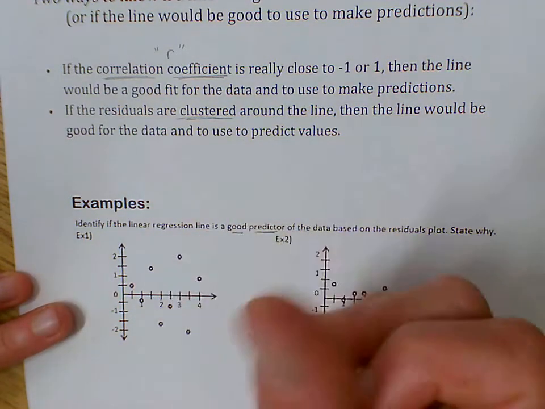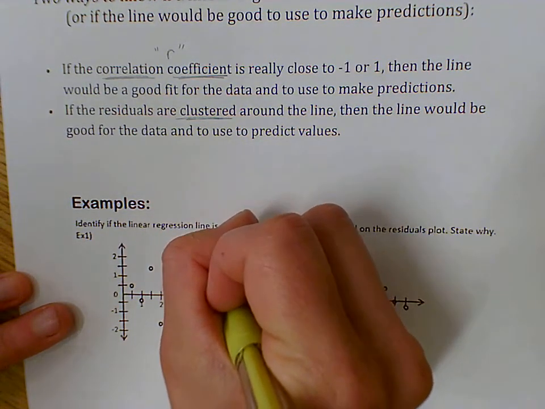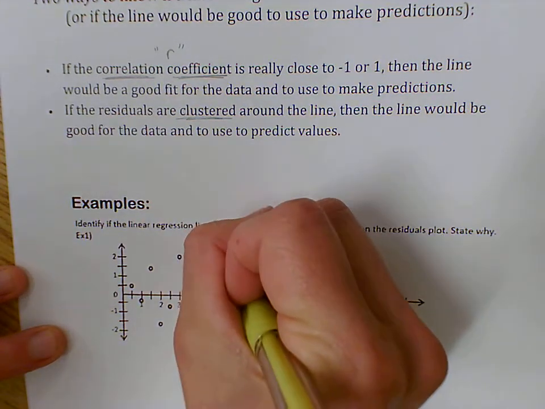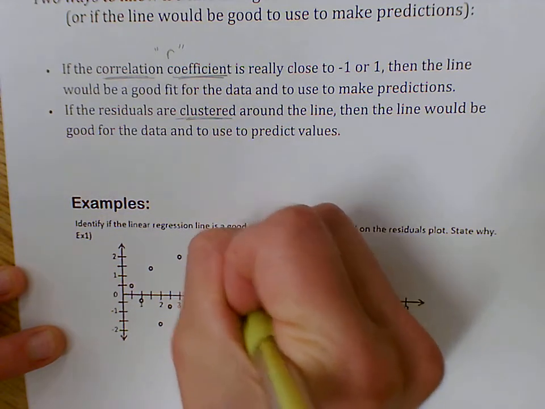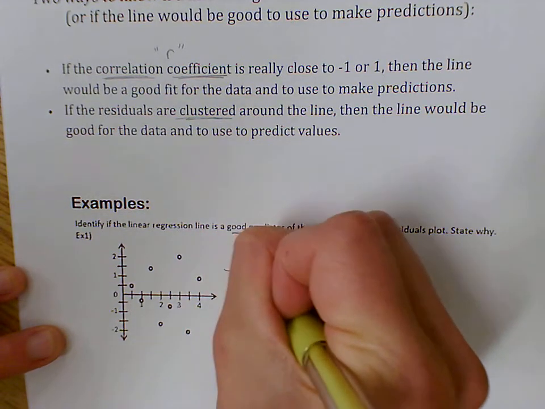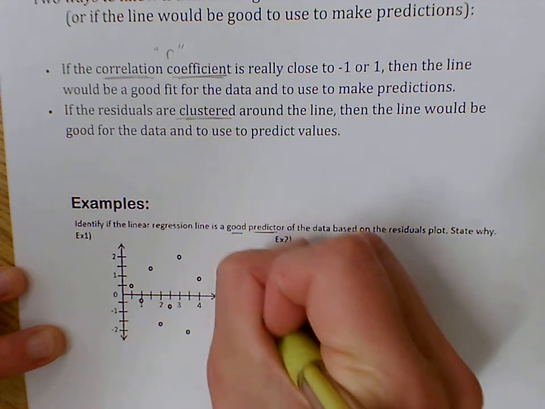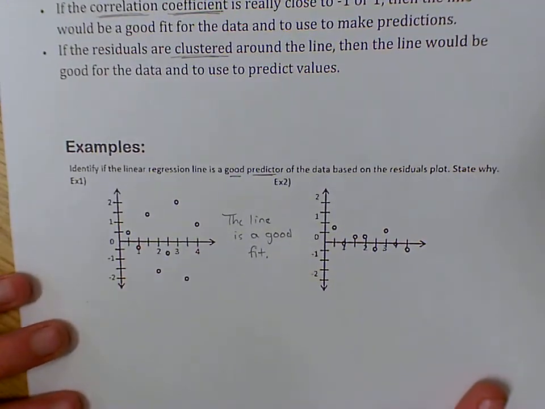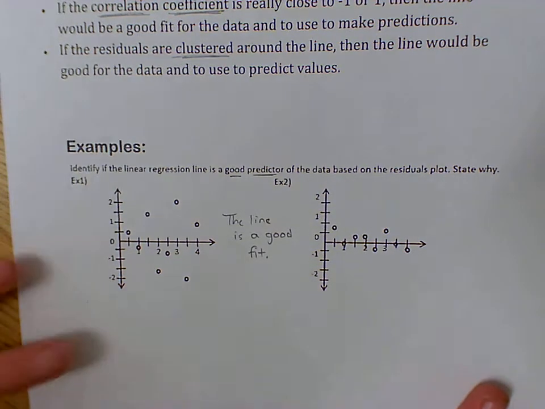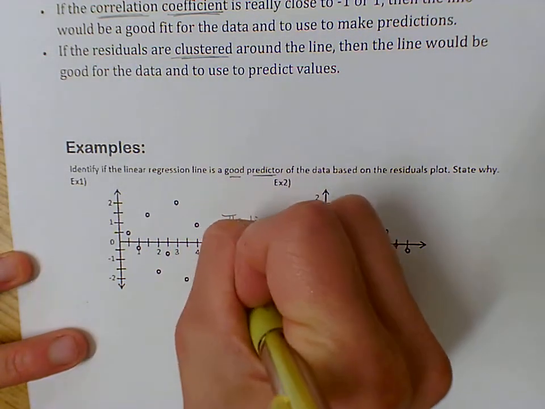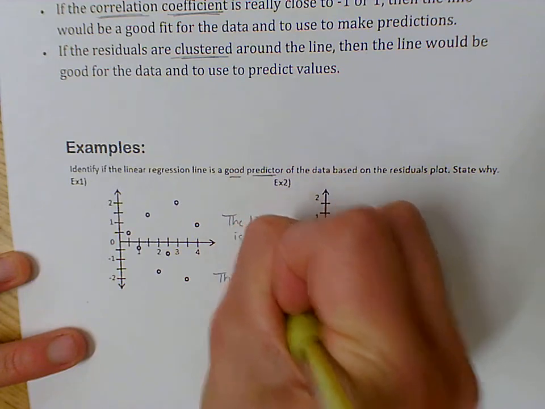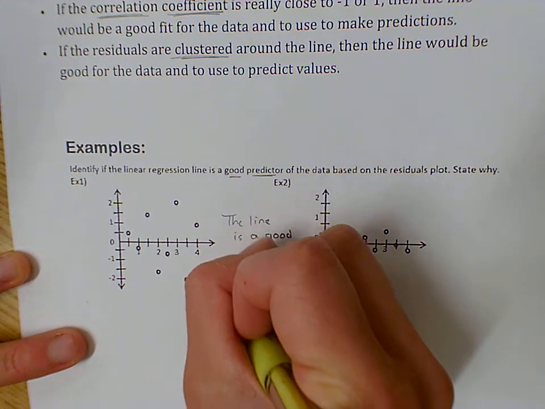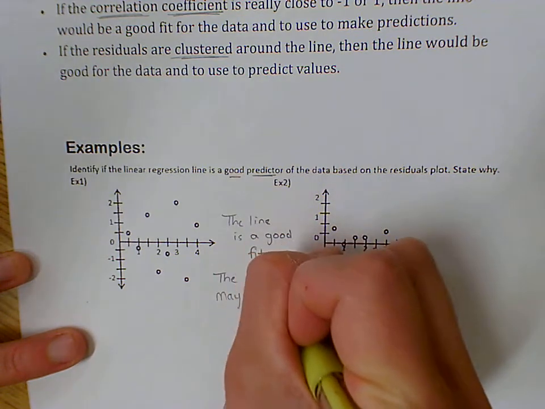So yes, the line is a good fit for your data. However, when you're using it to make predictions, the predictions you make using that line of best fit may not be as good.